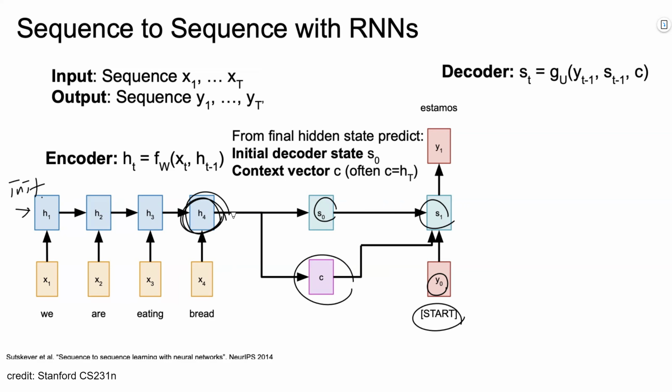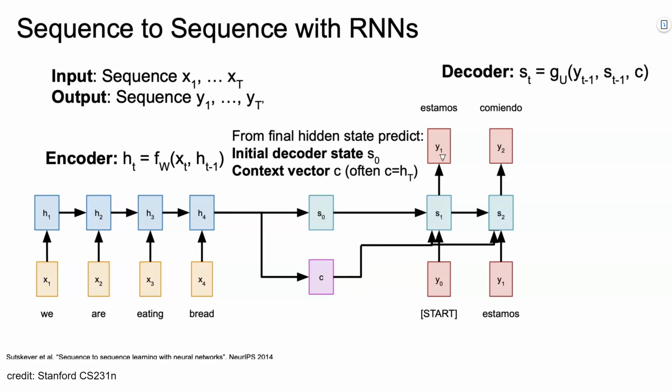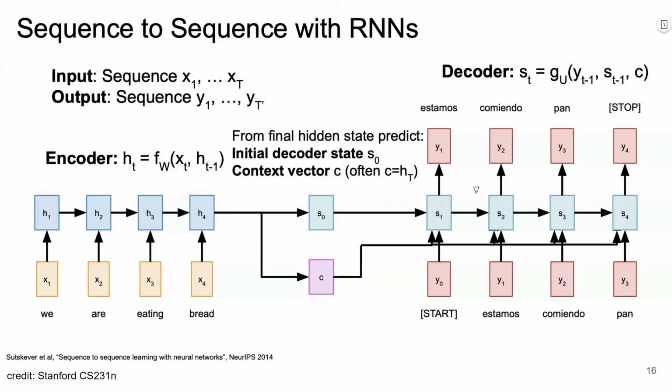After that, this decoder is similar to what we've done for an RNN-based language model. Therefore, we feed the start token first and sample the first word. After that, we pass this first sample as the next input and sample the next word. And we proceed with this scheme until we get the stop token.